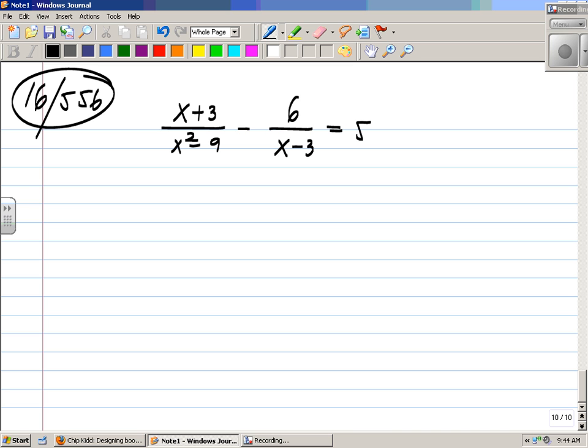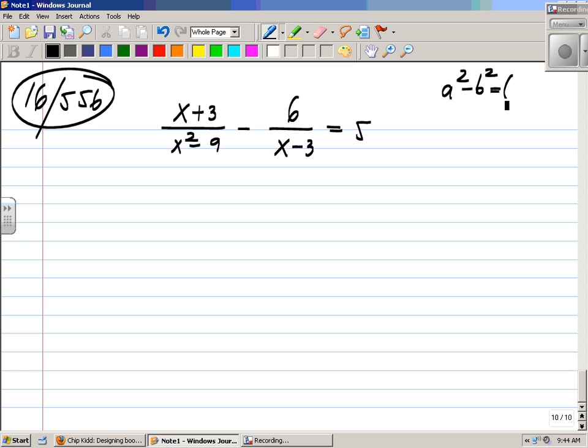Okay. I'm looking for a common denominator. Whenever you have this case, one is a quadratic, one is a binomial, look for a way to factorize your quadratic. Do you recognize a special quadratic here? Think about a squared minus b squared equals what?